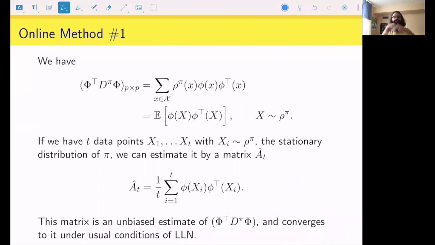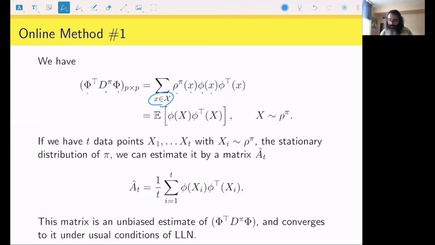So let's find what each of those terms is actually computing, and then try to replace them with the empirical version. The term phi transpose D_pi phi, we can write as the summation over all states of rho_pi of x, the probability of being at state x according to the stationary distribution, times phi of x and phi transpose of x.